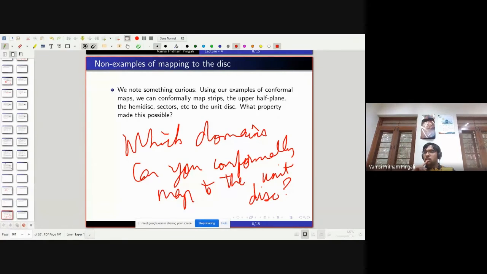So the reason is the Laplace equation. We know how to solve it explicitly on the unit disk by means of a formula. And if you can map your given domain to the unit disk, you can solve it on that domain also. That's the reason. So that's why this question is important.